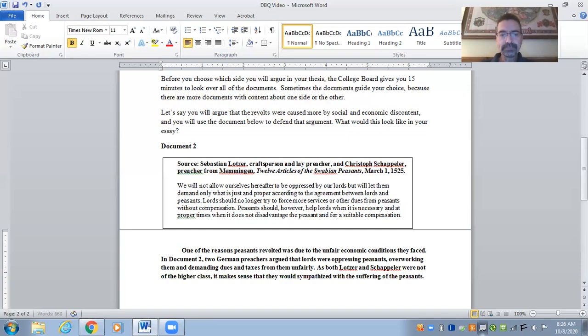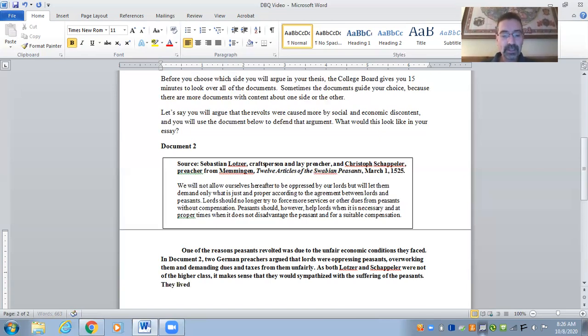All right. So now I'm starting to explain the bias or point of view of these two. And I'm going to make their point of view very clear by continuing this idea. So I've already said that they were not of the higher class, and that's why they sympathize with peasants that are suffering. I'm going to make it even more clear.